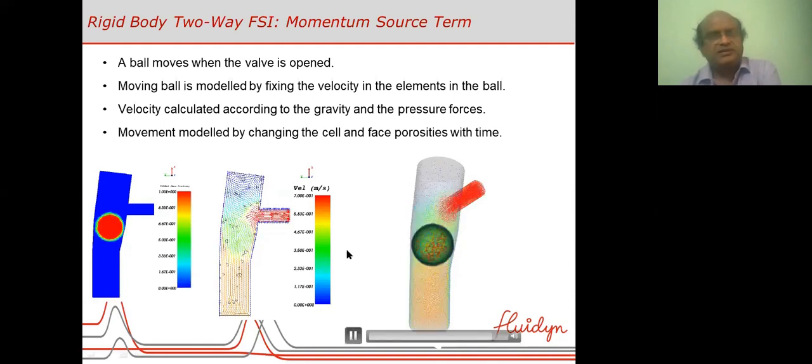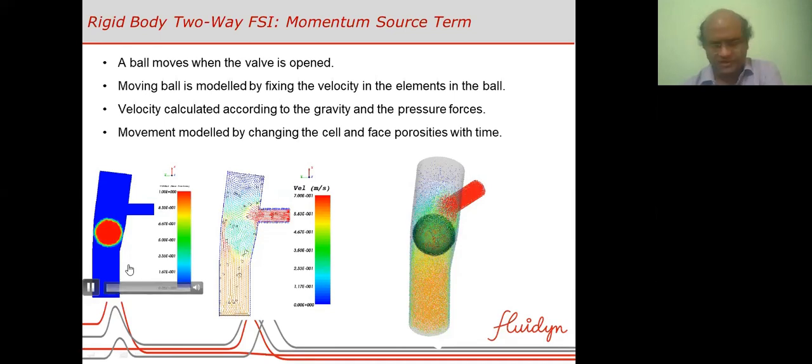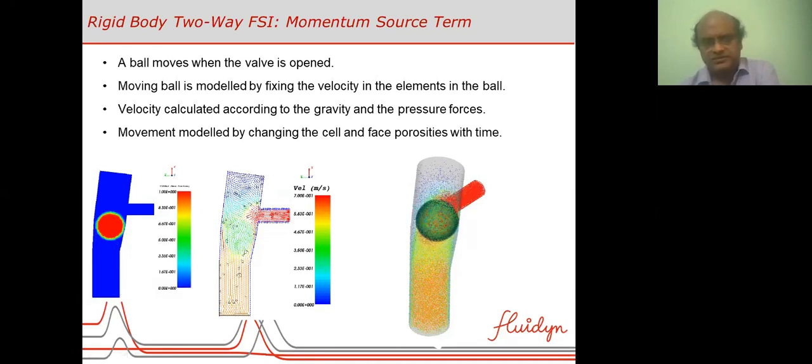So here only the fluid mesh is generated, and a spherical region is selected, and the porosity of that region is set to 0, and appropriate source terms are added. And you can see that it captures the interfaces and the velocity profiles quite well.